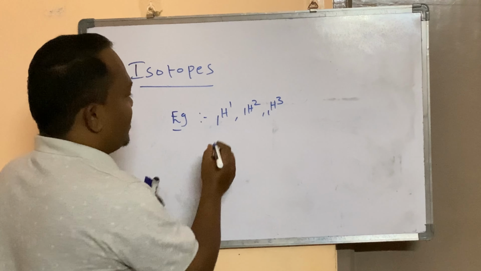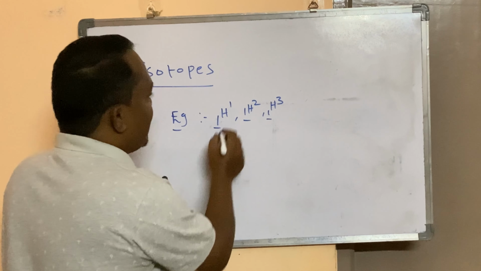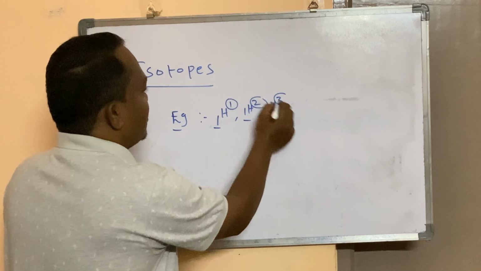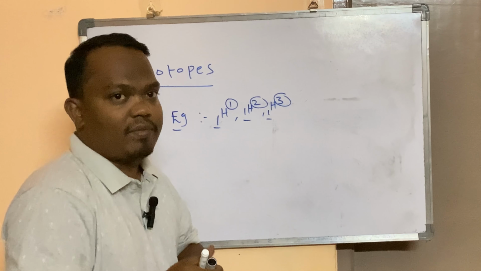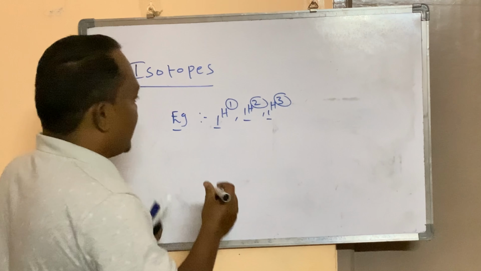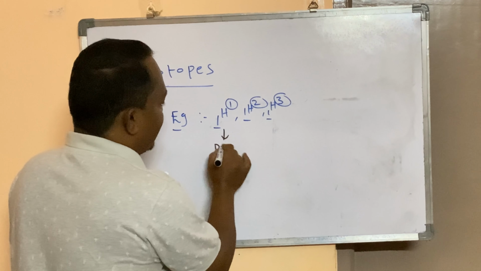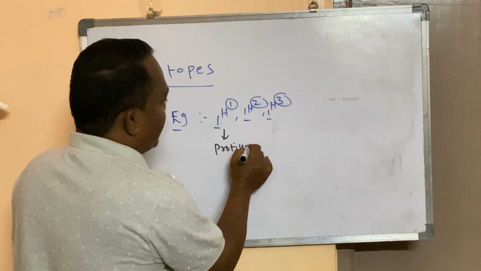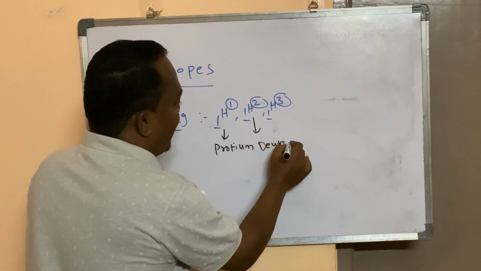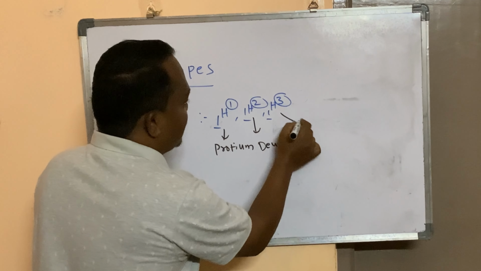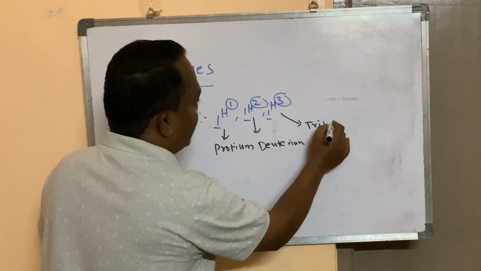If you observe, they have the same atomic number 1 and different mass numbers 1, 2, 3. If the mass number is 1, we call it protium, if the mass number is 2, it is called deuterium, and mass number 3 we call tritium.